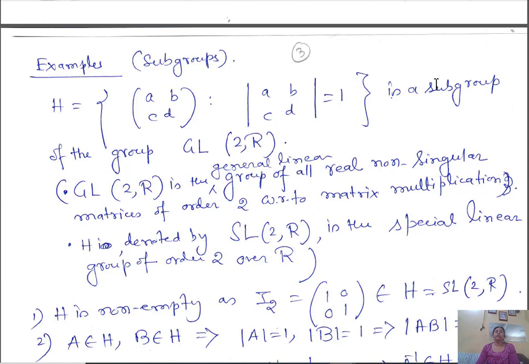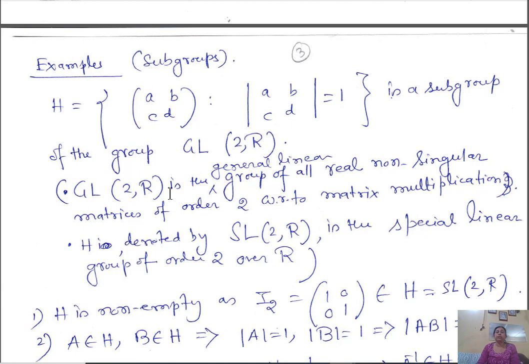So this forms a subgroup of the general linear group of order 2. This is essentially the collection of all real non-singular matrices of order 2 with respect to matrix multiplication.